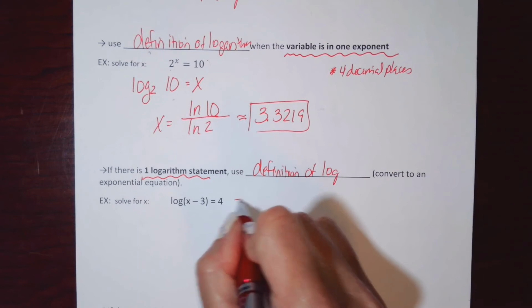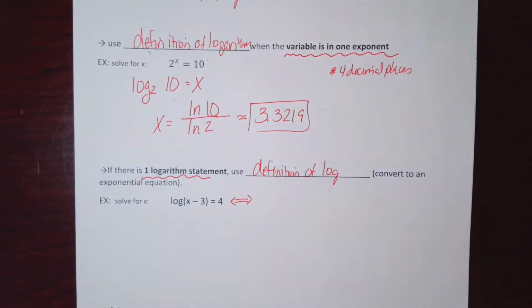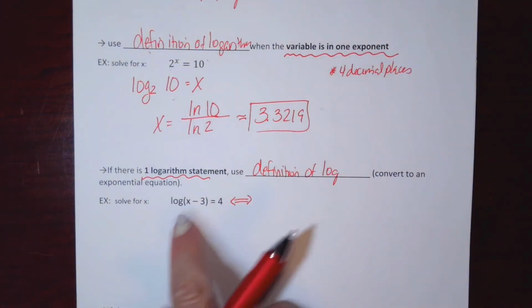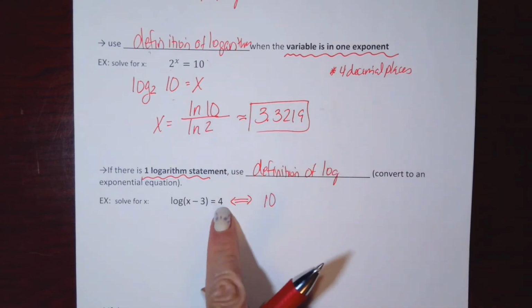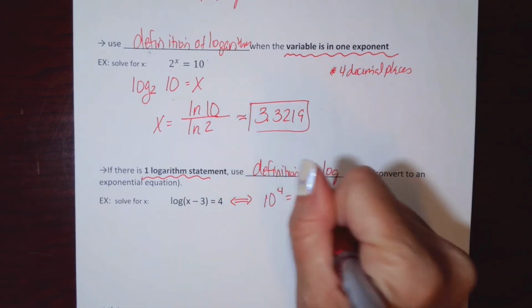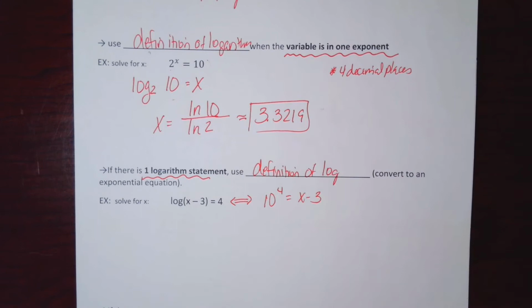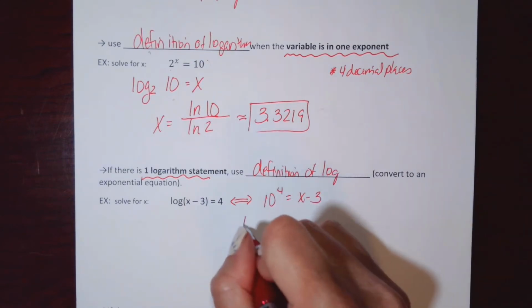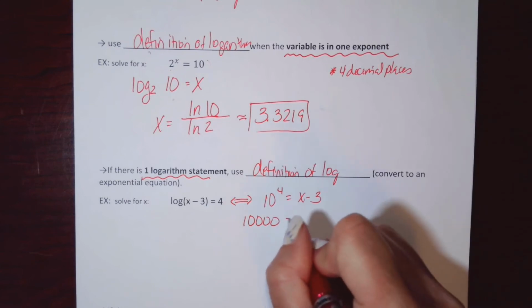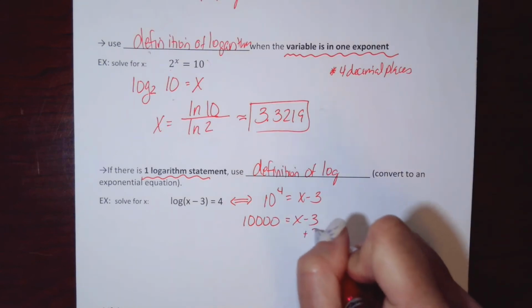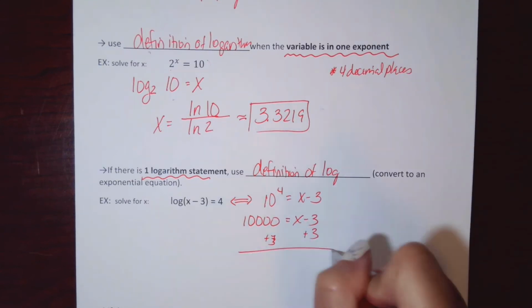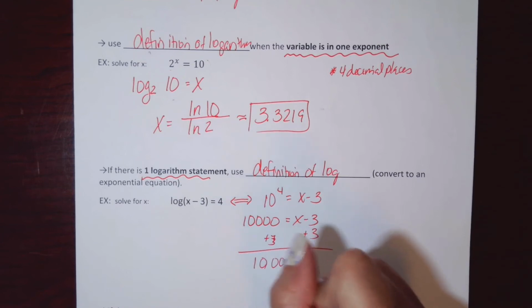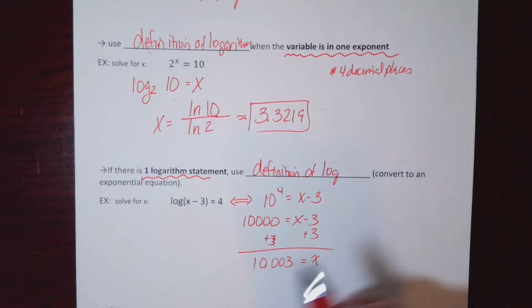So I'm going to convert that using the definition of logarithm. My base here, common log, is 10. The answer is the exponent. And the argument then is x minus 3. Well, 10 to the 4th power means a 1 with 4 zeros. I add 3 to both sides. And I get 10,003 is equal to x.